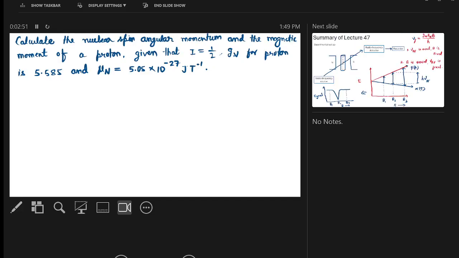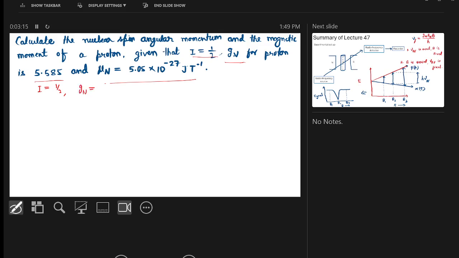The problem is: calculate the nuclear spin angular momentum and magnetic moment of a proton, given that I is half and Gn for a proton is 5.585, and mu n is 5.05 times 10 to the power minus 27 joule per Tesla. So we have I given as 1 by 2 and we have Gn.